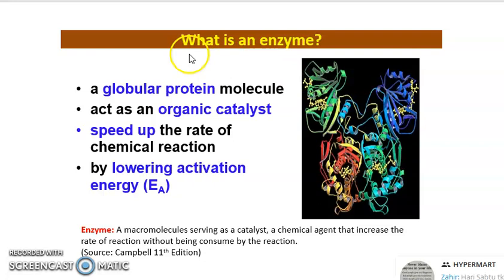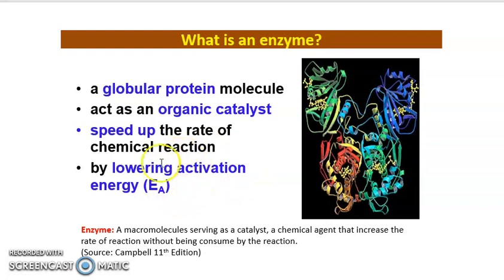Enzyme also acts as an organic catalyst. So what is the meaning of catalyst? Catalyst ni kalau dalam bahasa Melayu maksudnya adalah pemangkin. So when enzyme acts as an organic catalyst, it can speed up the rate of chemical reaction, so rate of chemical reaction akan berlaku dengan lebih cepat. Macam mana? By lowering activation energy.